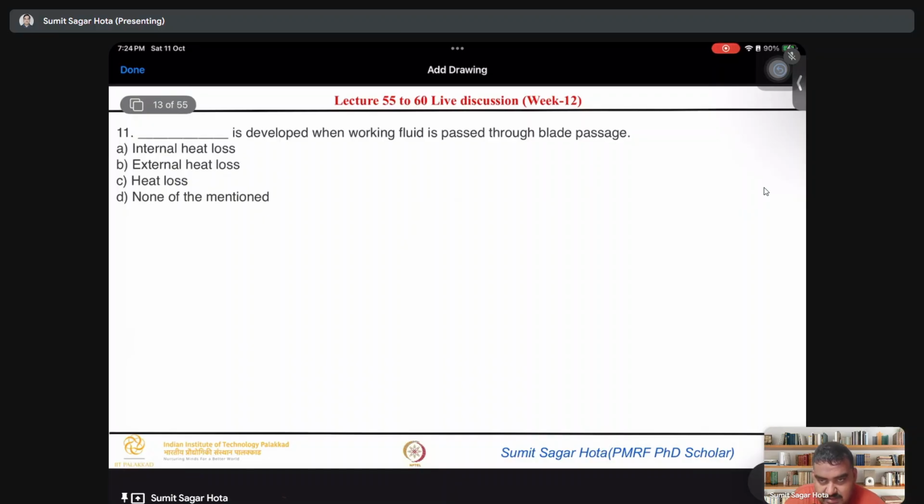There will also be some loss of heat, because the fluid has some heat, and that heat can be transferred to the blades, so there will be chances of heat loss. We term it the internal heat loss.